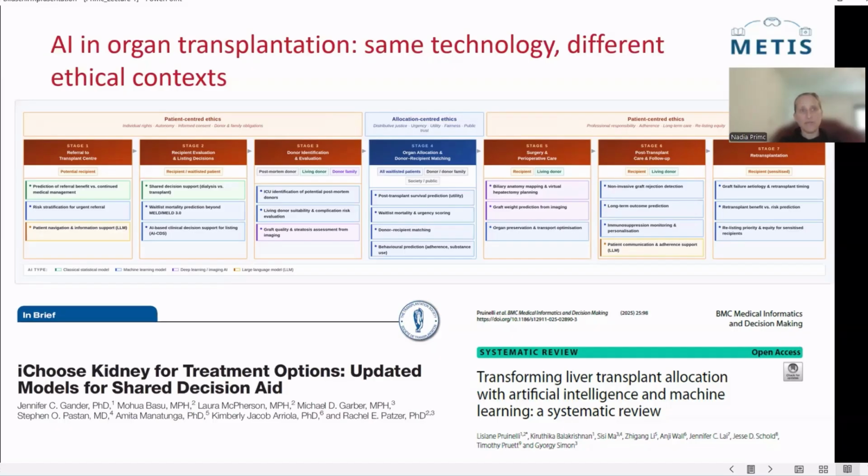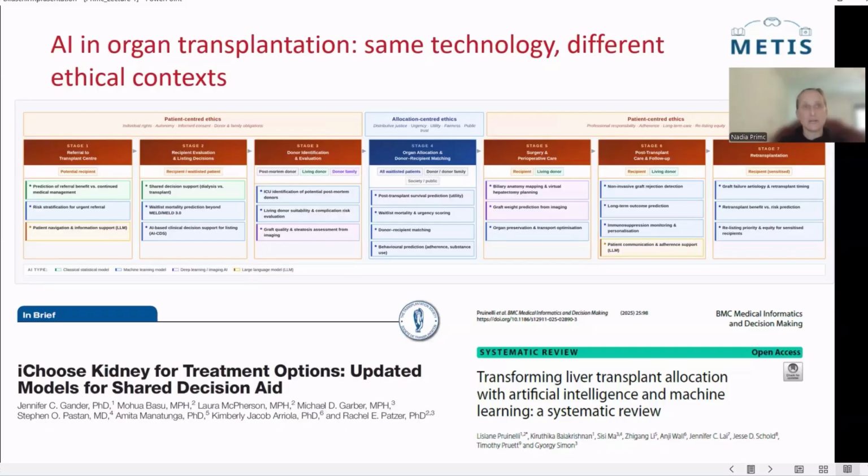And I will begin with the I Choose Kidney system, which you see at the bottom left of my slide. I Choose Kidney is a decision aid that helps a patient with end-stage kidney disease compare their personal survival odds on dialysis versus transplantation. So the clinician generally enters patient sex, existing conditions, time on dialysis, and other information into the system.